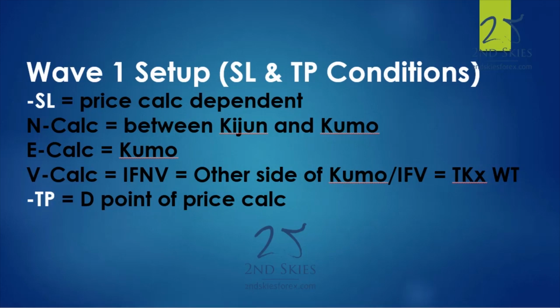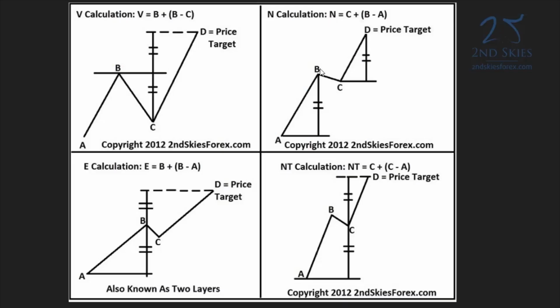But your stop loss on an N wave is going to be between the Kijun and the Kumo. Now, if we think about, here's your N wave. So it's a pretty shallow pullback. The more shallow the pullback, and assuming we're above the Kumo on this move, the less deep you need to go into the 5-line context to determine your stop loss. So this type of move by default is assuming a high momentum with trend move that probably hasn't violated the Kijun too much.